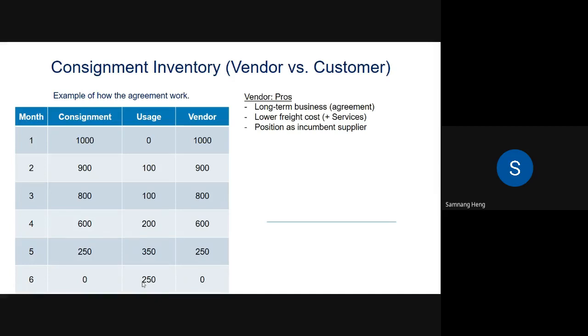So for consignment inventory, everything has pros and cons. From the vendor perspective, when they sign the agreement, they agree to set up a long-term business with the customer, right? So it's easy to find customers with consignment inventory.